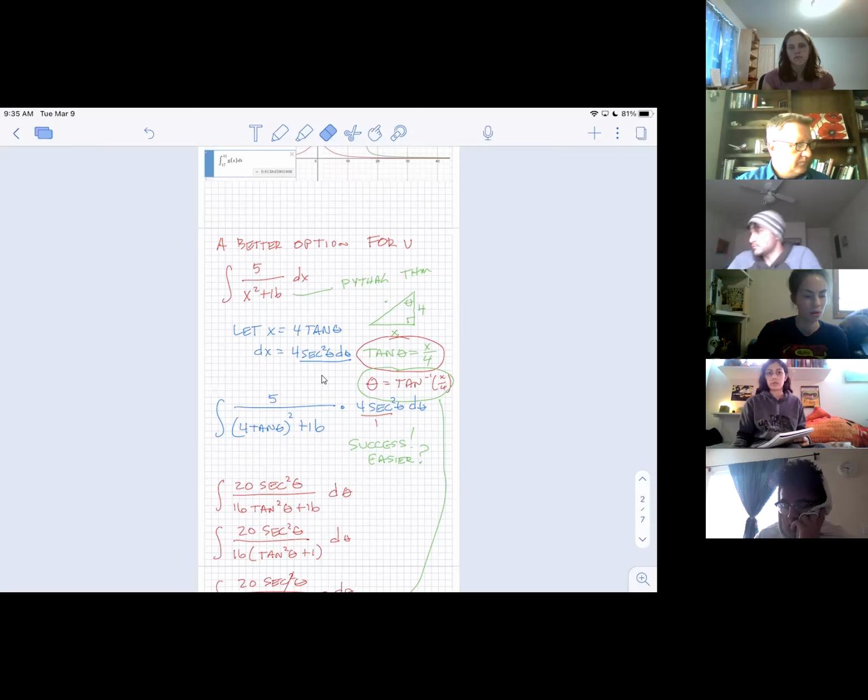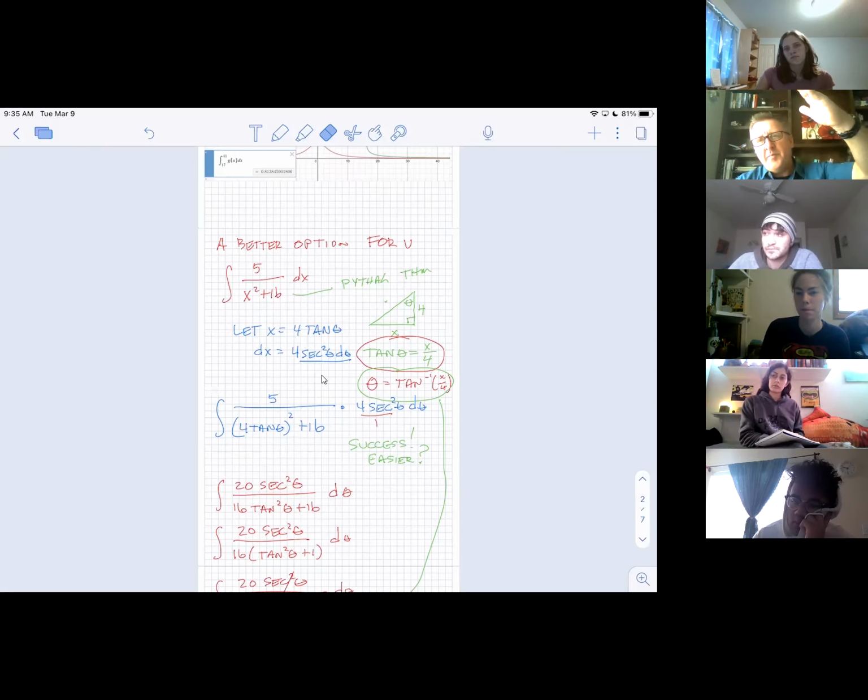Okay, so for question 1, I got negative 0.6696. Is that correct? Even though it's a negative? Yep. That would just mean it's below the x-axis, right? Yeah. Like, it could have some above and some below, but that's basically saying there's slightly more below than there is above.